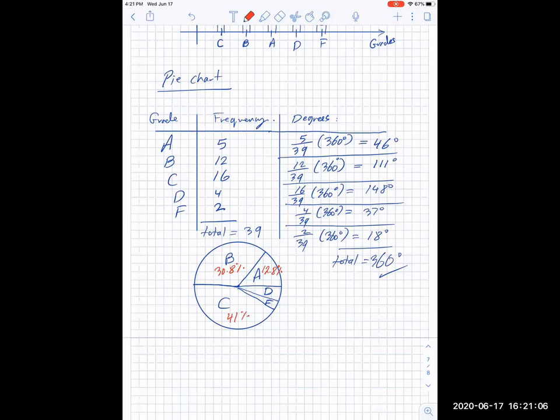And then 4 over 39, 10.3%. And the last one, 2 over 39, 5.1%.